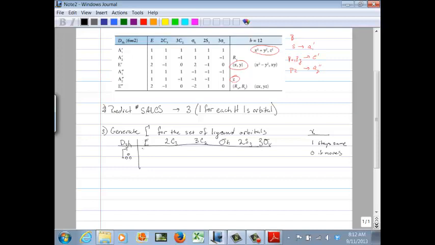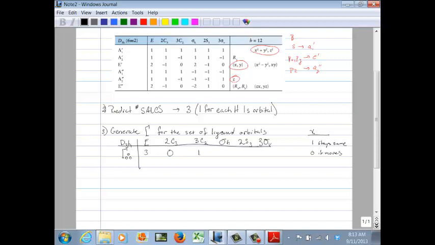So what is the reducible character under E? So what about a C3 rotation? A C2 rotation? So 1. What about sigma h?